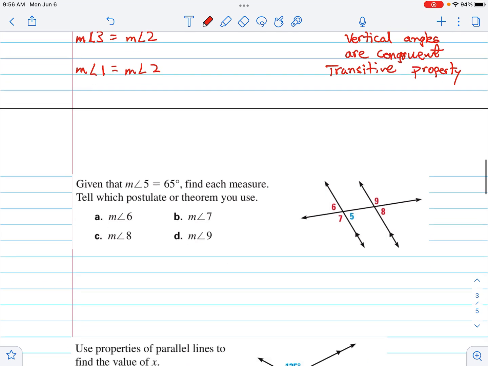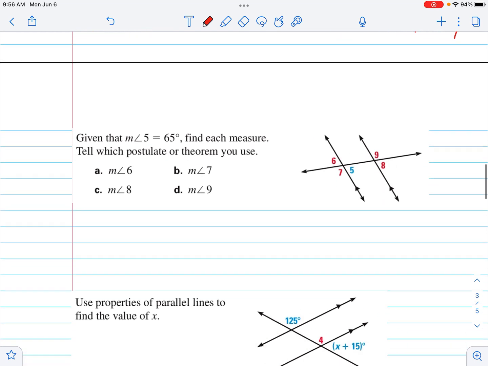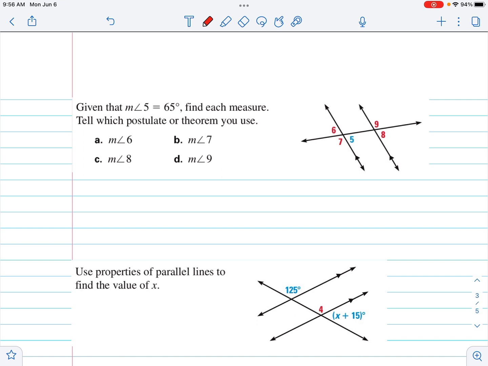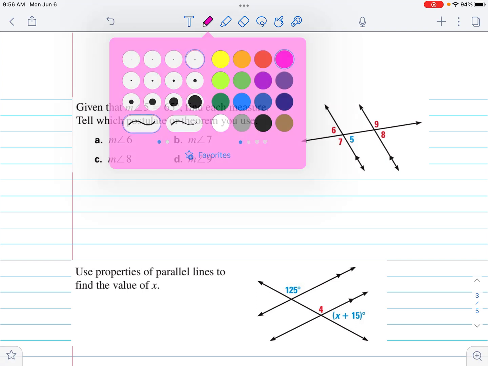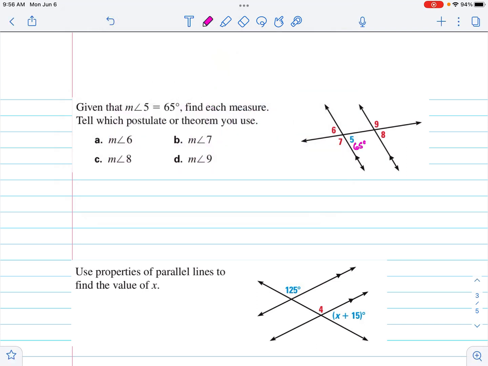Okay. Now let's look at this next one. So we're given, let's see what we know so far. We're given that the measure of angle 5 is 65 degrees. So let me just write that down here. This is 65 degrees. Now, what do we know immediately from that? Well, we know that the measure of angle 6 is also 65 degrees, because these have the same measure.